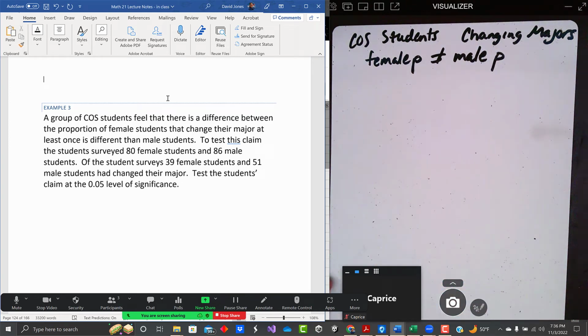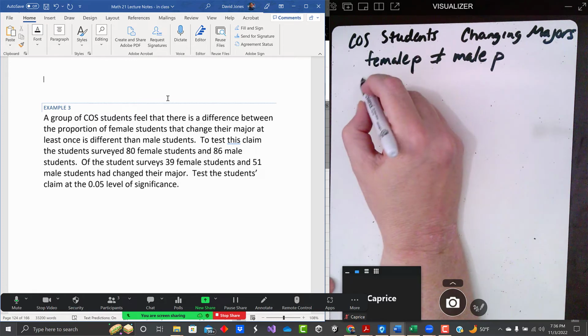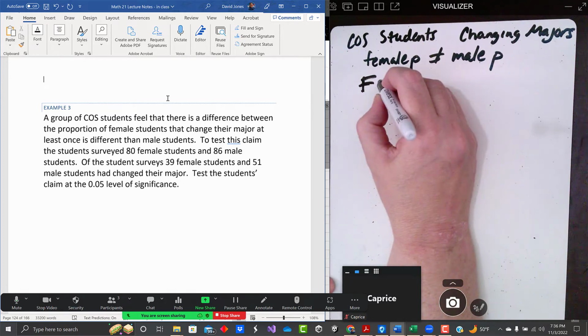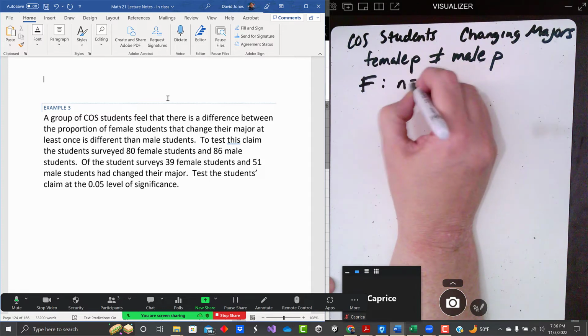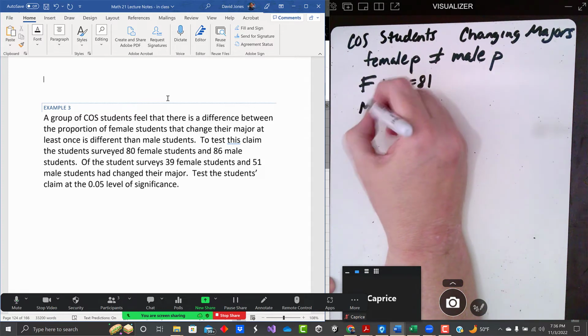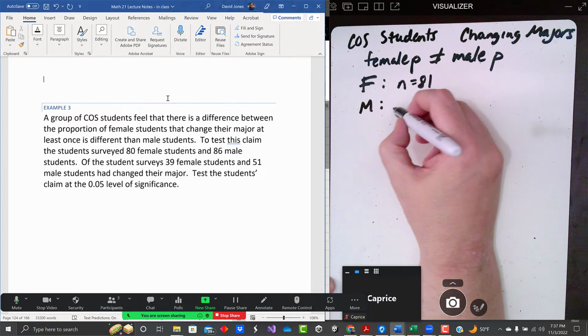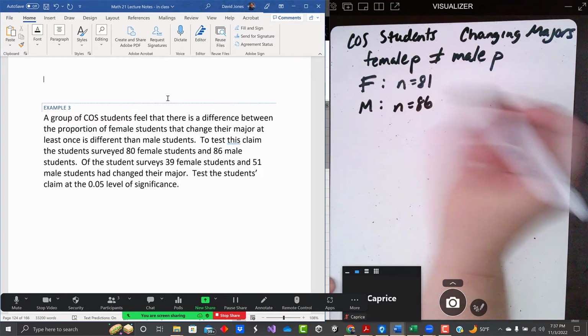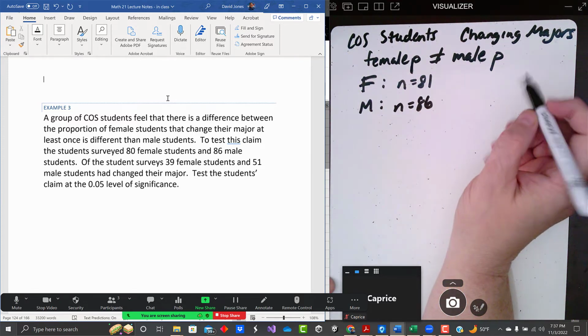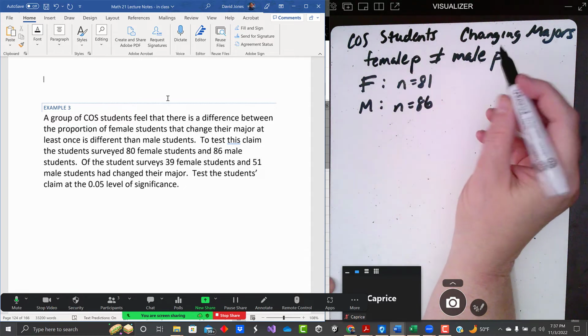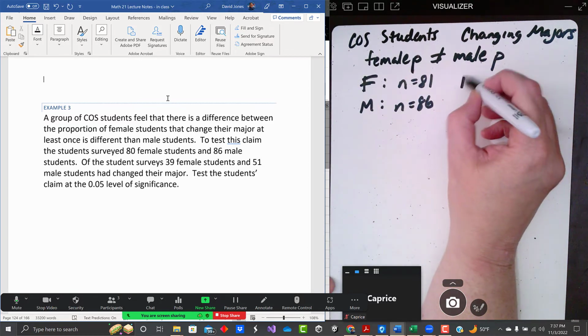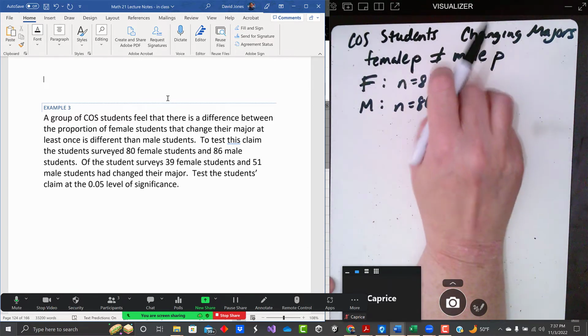To test this claim, they did a survey. I'm going to use F for female. There was N equals 80 females, and for M, there was 86 males. And it says, of the students surveyed, 39 females changed their major.